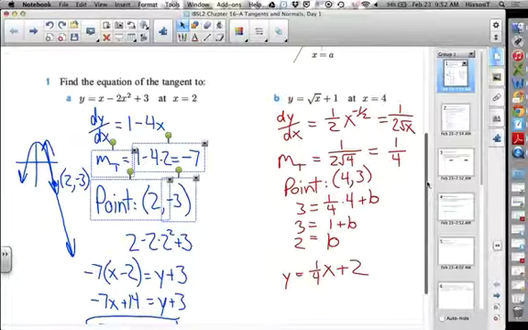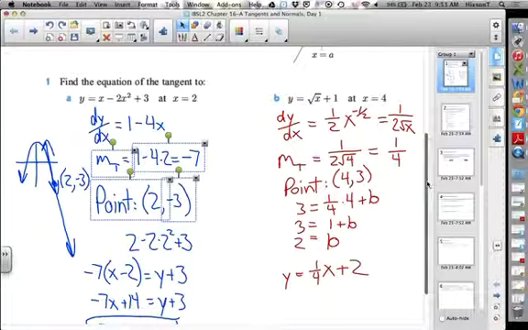The points are going to change. So let's find the point first. Is it y that is changing or the slope that is changing? Plug 4 into the original. What did you get? Negative 4.